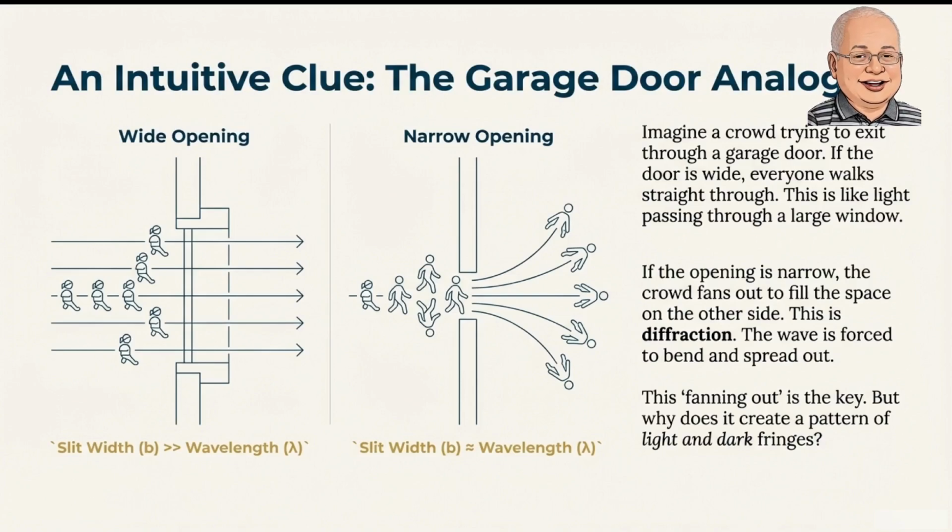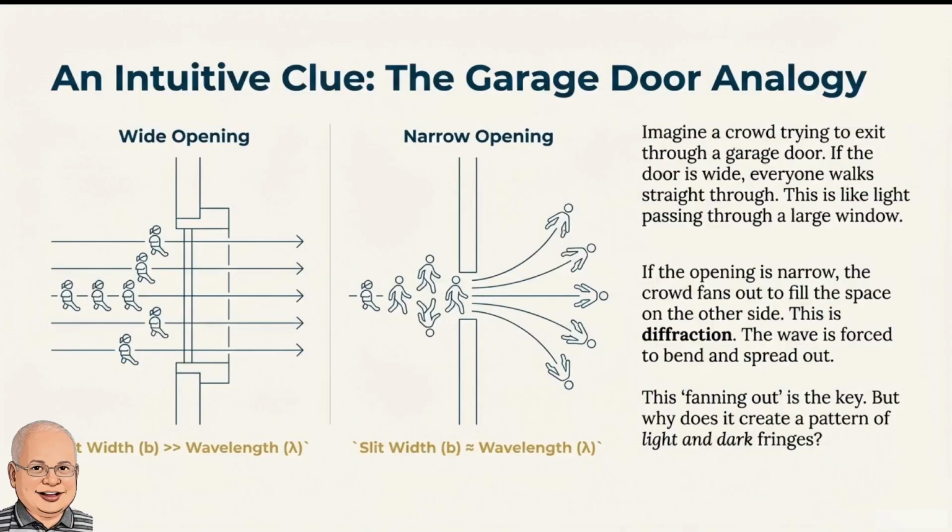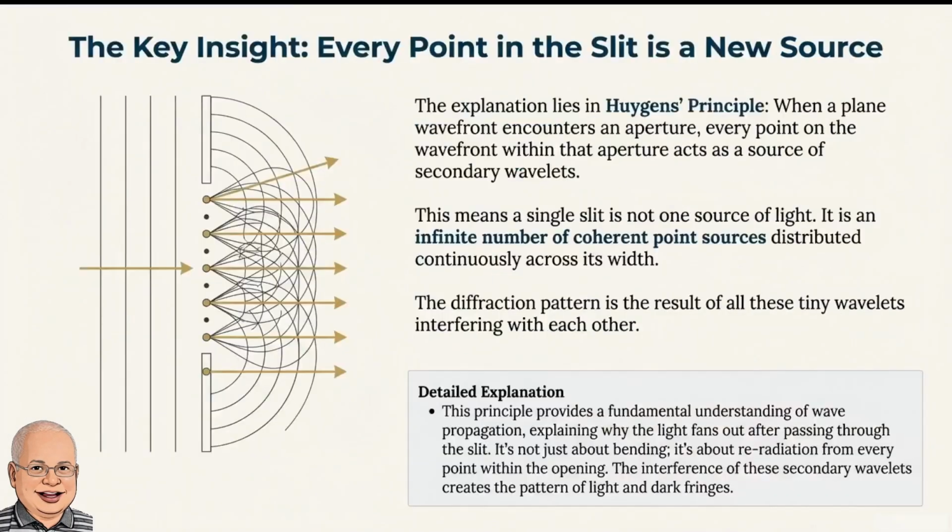But why does it create a pattern of light and dark fringes in case of light? Let us discuss that. The key lies in something called Huygens principle. When a plane wavefront encounters an aperture, every point on the wavefront within that aperture acts as a secondary source of wavelets.